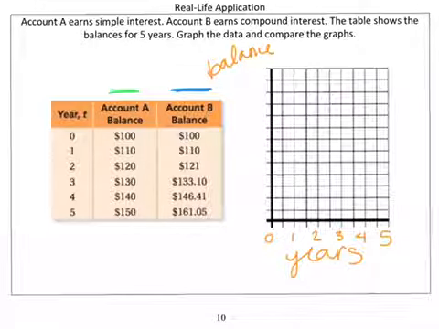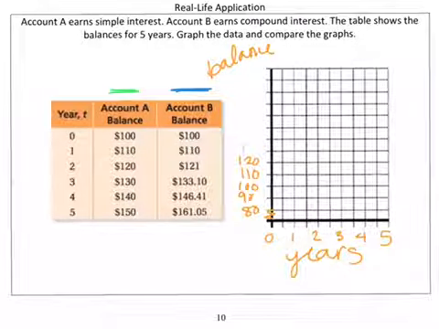I think I'm going to start with a break in the graph and start at $80 so that we can see where the balance goes. Now, we don't have anything less than 100, so that should work out for us. So as I'm labeling this, I'm just going up by tens.